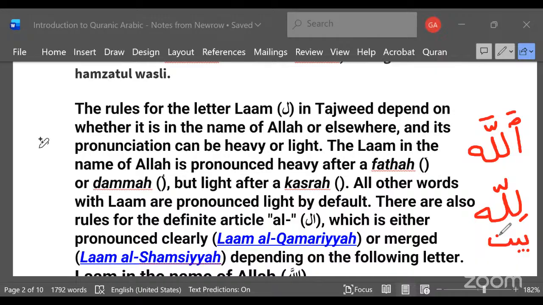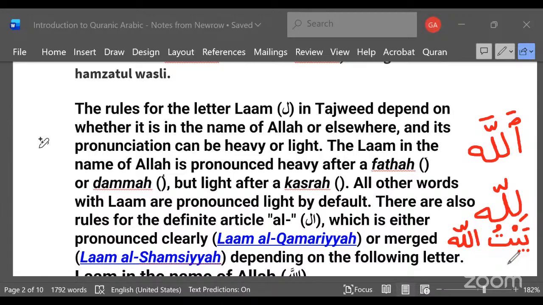Baytullahi, right? Because the last letter before the word Allah has dhamma, we make the lam in the word Allah heavy. Baytullahi, kitabullahi.